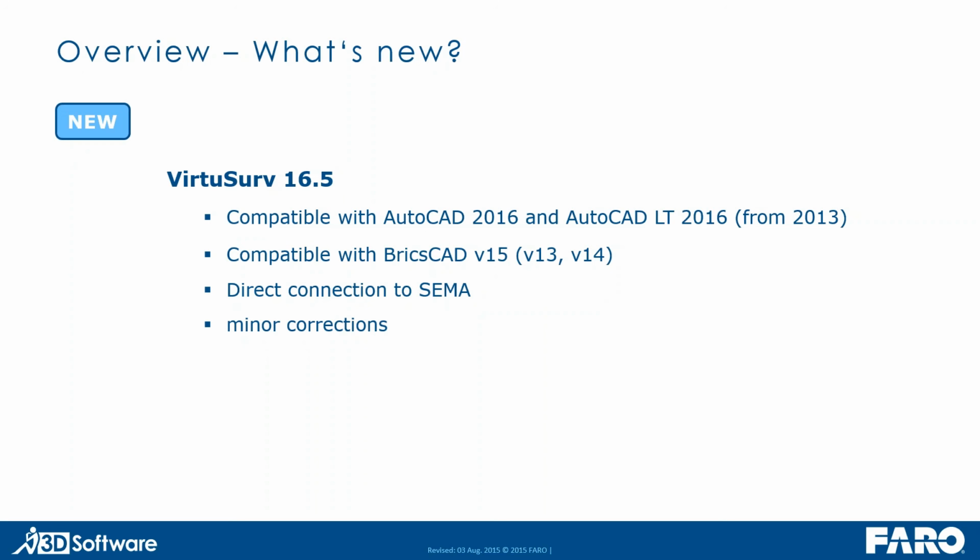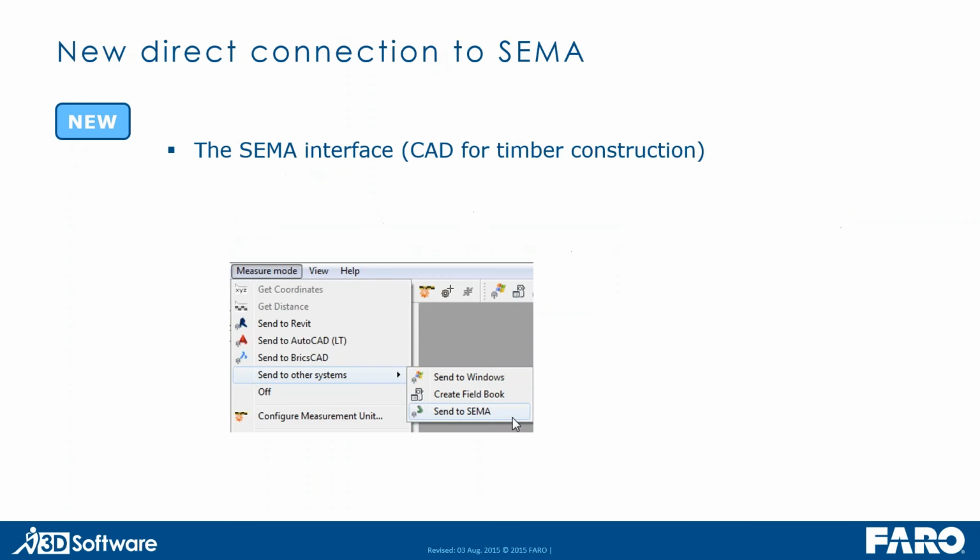a little preview. Then I already told you that we now have a direct connection into SEMA, which is a CAD system, and we did some minor corrections and improvements. And a few more words on the direct connection to SEMA. SEMA is a CAD system for timber construction.